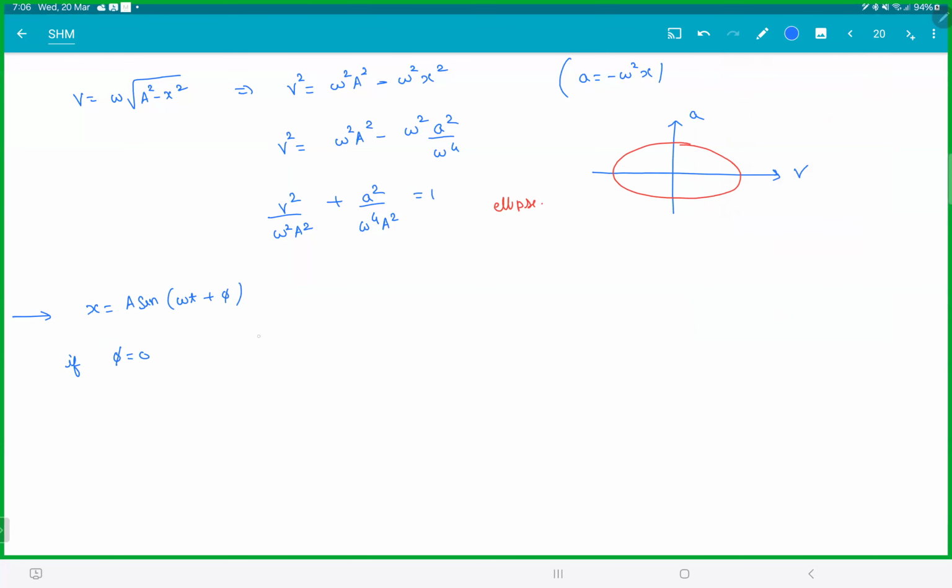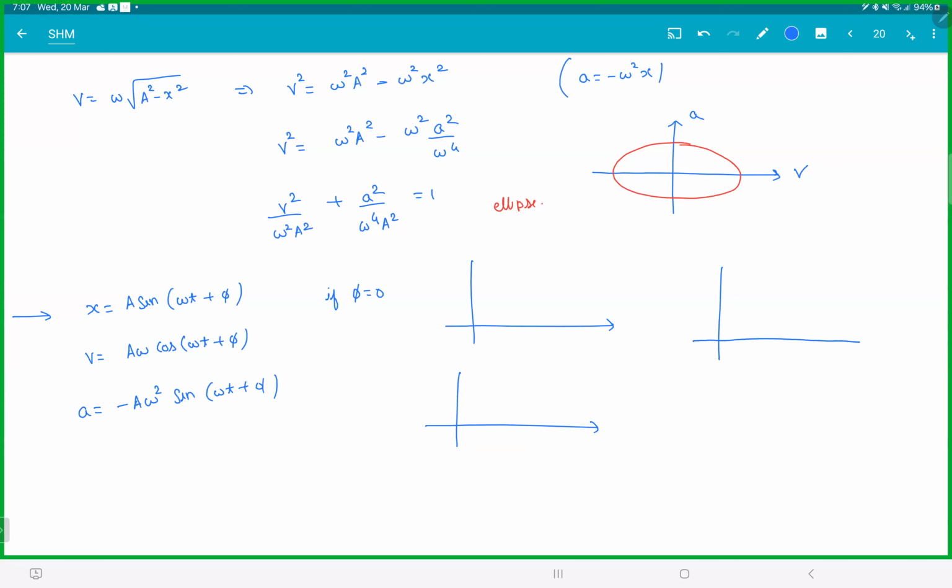If phi is equal to 0, position time graph, velocity time graph, acceleration time graph.